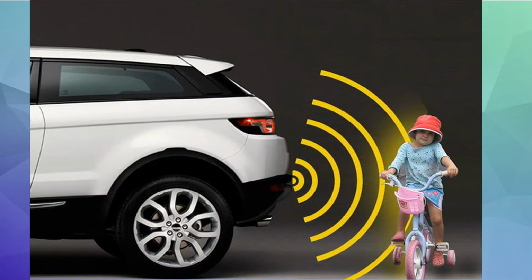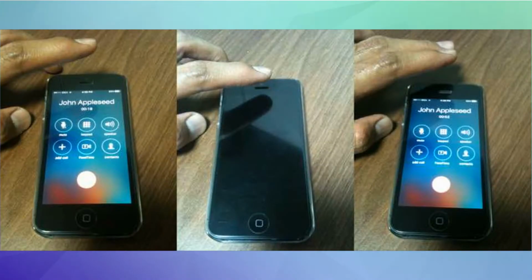Next is the mobile phone sensor. As an example, when the ear of a person is near or touches the screen, the screen will become dark to decrease the use of the power supply.